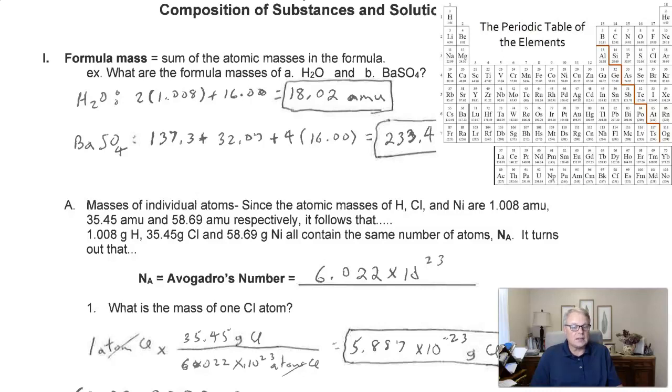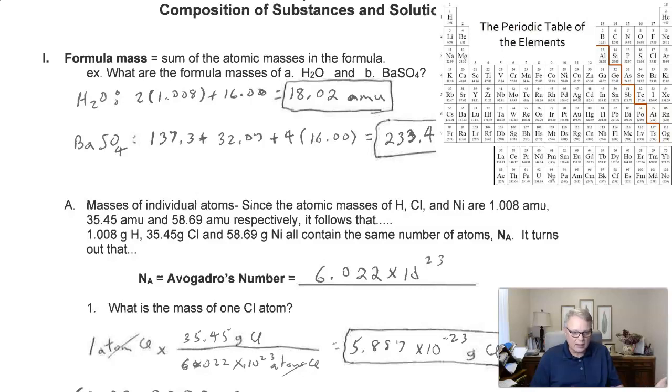Well, since the atomic masses of hydrogen, chlorine, and nickel are 1.008 AMU, 35.45 AMU, and 58.69 AMU respectively, it follows that 1.008 grams of hydrogen, 35.45 grams of chlorine, and 58.69 grams of nickel all contain the same number of atoms.